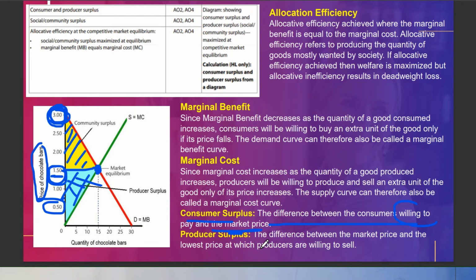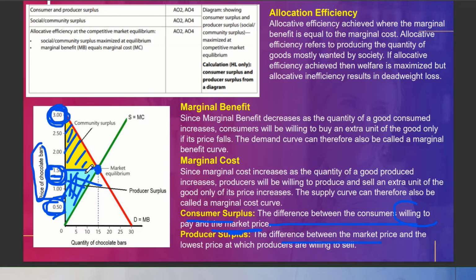So producer surplus: the difference between the market price, which is $1.5, and the lowest possible price, here it is 0 also, at which producers are willing to sell. Like consumers, producers are also ready to sell at $1 or $0.5, but in the market they are selling the product at $1.5.